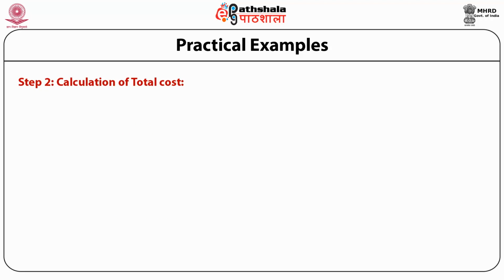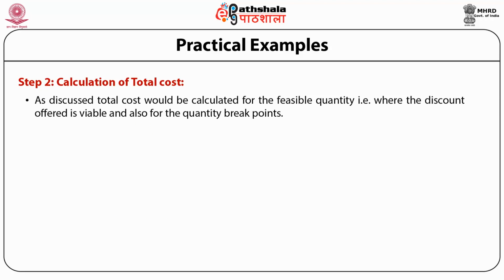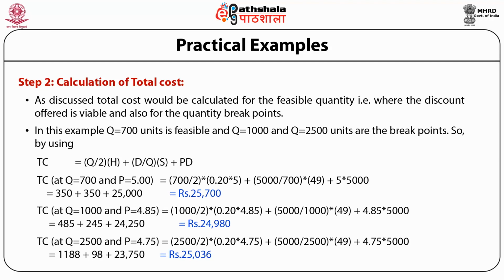Calculation of total cost. As discussed, total cost would be calculated for the feasible quantity, that is, where the discount offered is viable, and also for the quantity break points. In this example, Q equal to 700 units is feasible and Q equal to 1000 and Q equal to 2500 units are the break points.